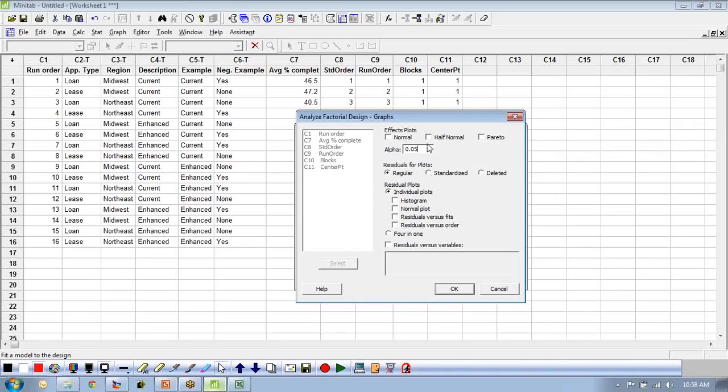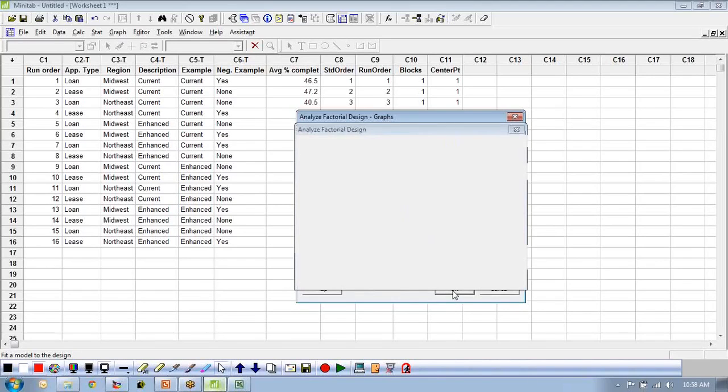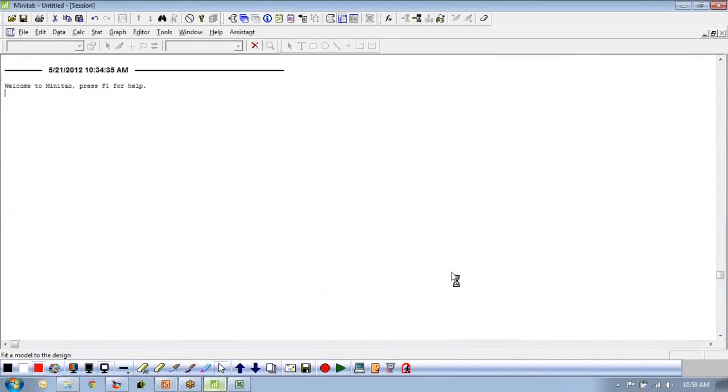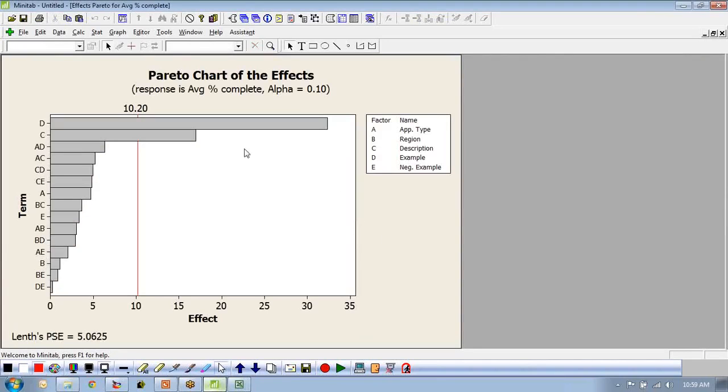But just for the start, I don't care so much about the significance level as I do just looking at these plots. So we're going to do the normal and the Pareto. Most people's first thing they like is the Pareto. I personally like the normal half plot, or the normal plot. You'll see what it is. Both of them tell you basically the same thing, but let's take a look. Okay, so this is it.